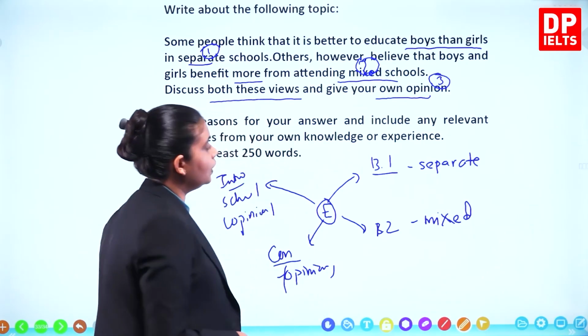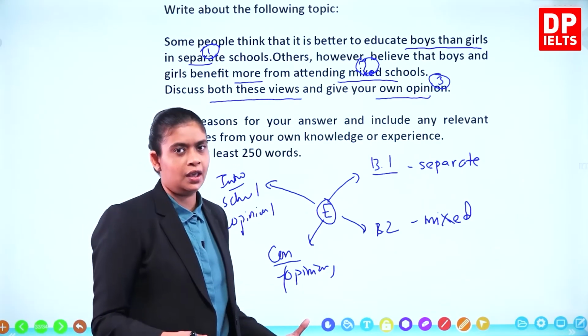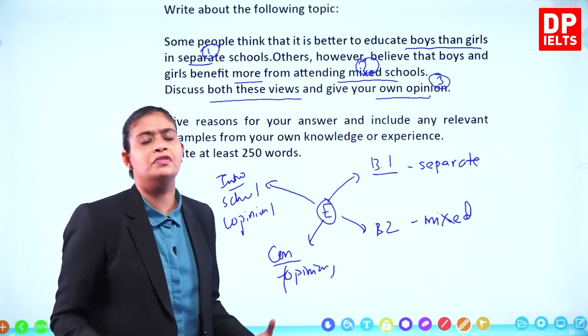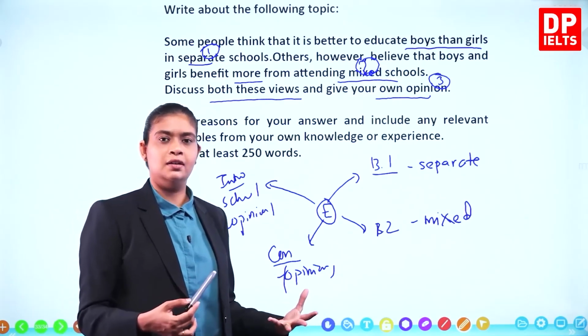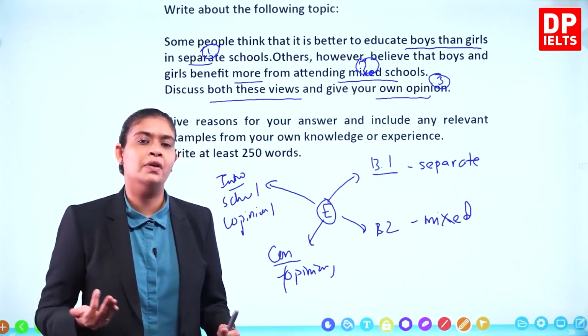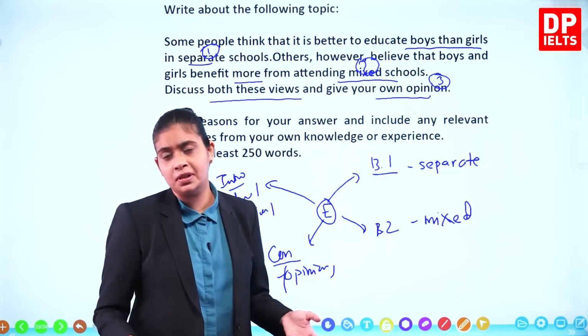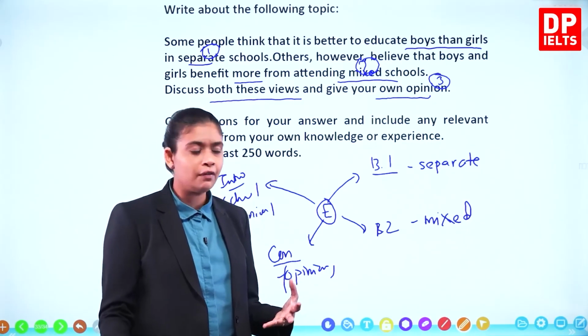Right? So when they go to separate schools, good. Okay. There are only girls, and children feel more confident when they're in the same gender. Not like when they're small. As they grow up, they prefer sometimes, okay? And they're much more comfortable. Some parents can think it's safer, right?